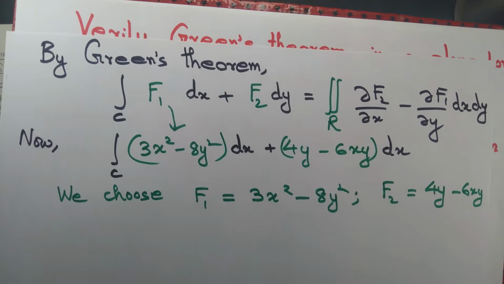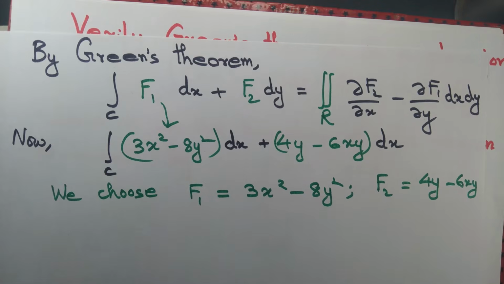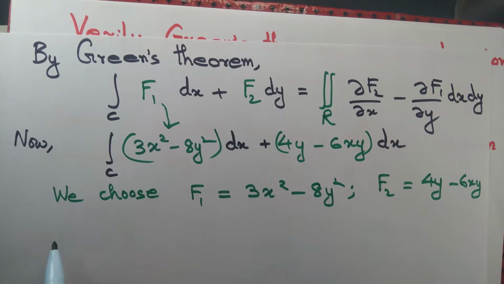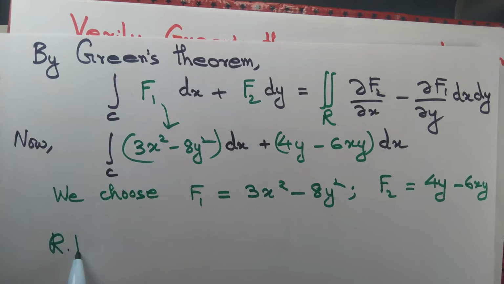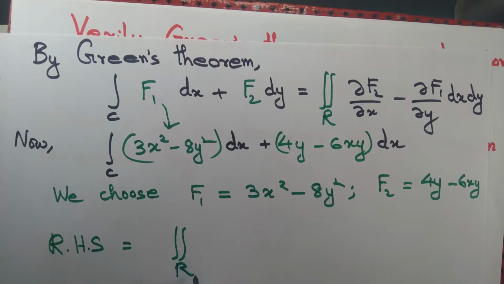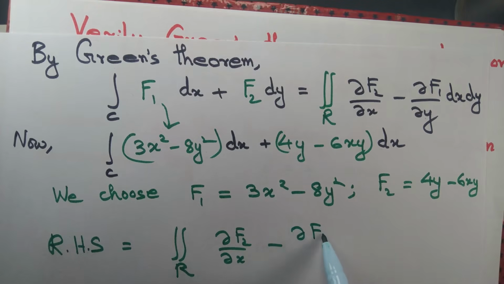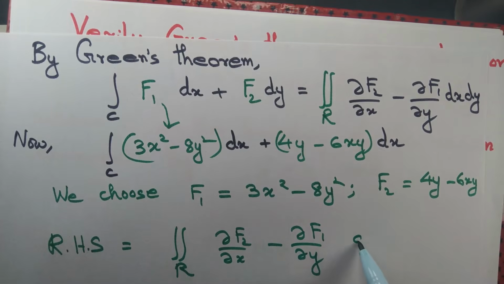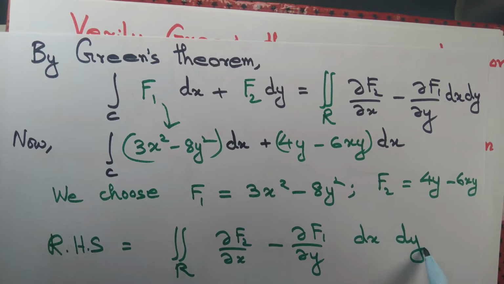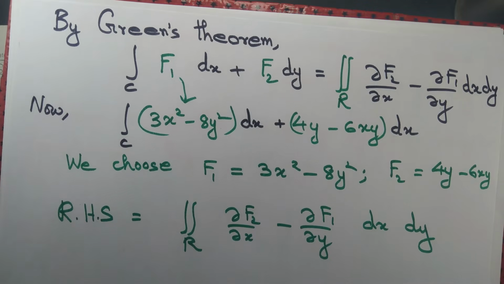So we have chosen F1 and F2. Now we observe that it is easier to evaluate the right hand side, so we compute the right hand side of Green's theorem. The right hand side is the integral over the region of del F2 del x minus del F1 del y dx dy or dy dx, and we are free to choose, that is up to us.